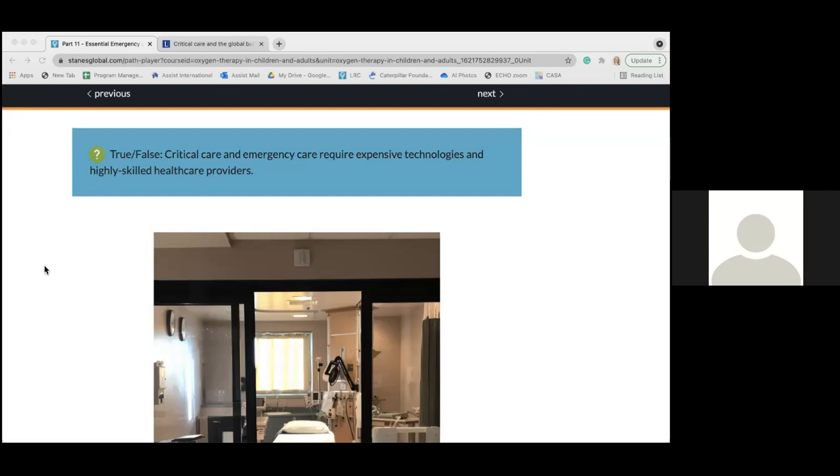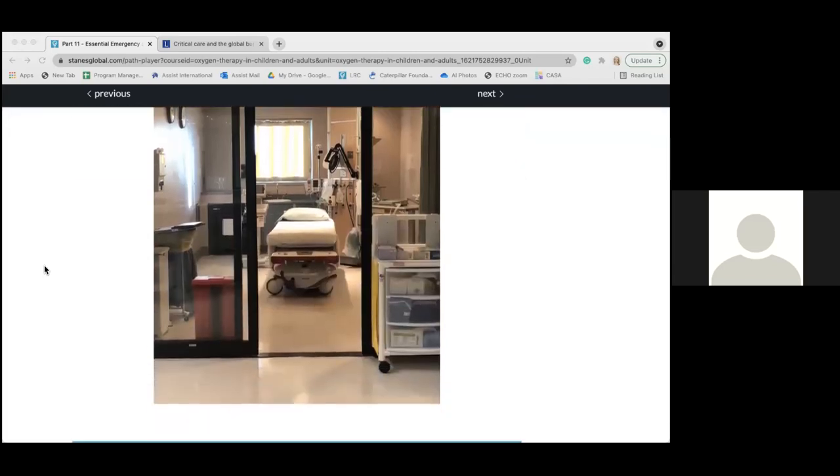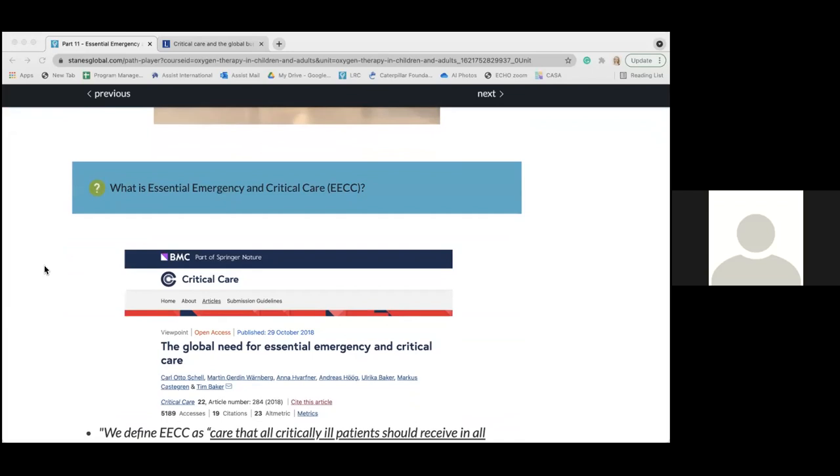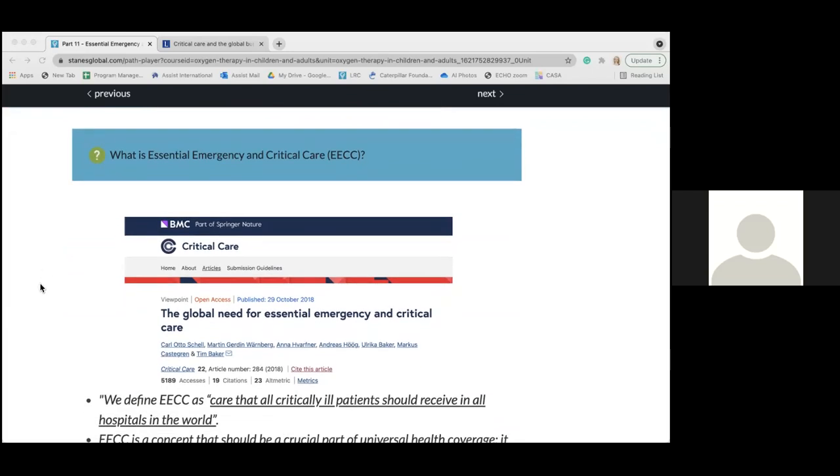So we can go up, Sarah. We have to define what essential emergency and critical care is. Again, we will not cover everything in detail here.